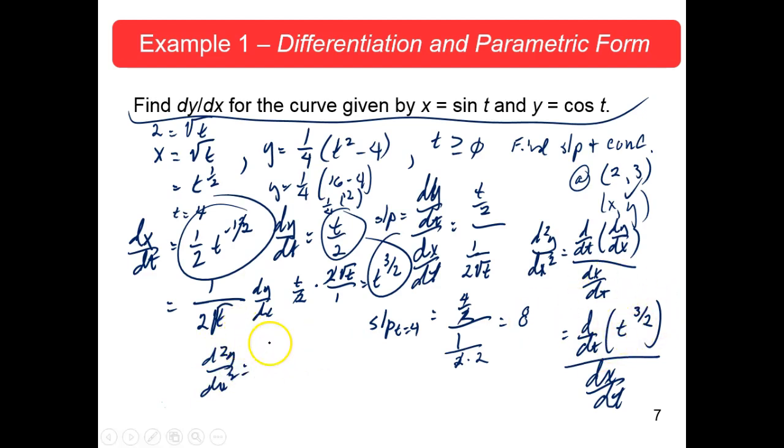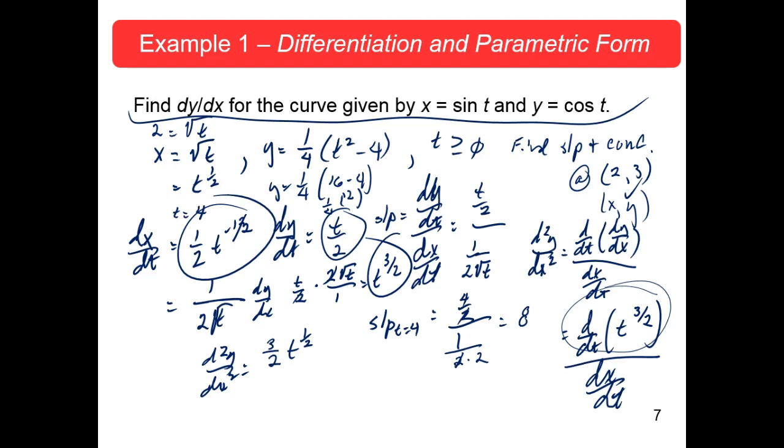We can do that, can't we? This one right here. Please say yes. So that would be 3/2 t to the 1/2, right?